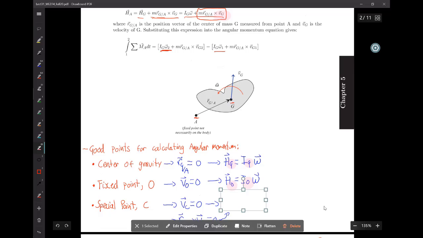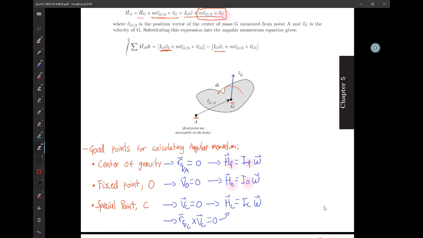I use C because typically with the no slip condition, we have a certain point that fulfills this. So essentially, it's like a fixed point, but it's not really a fixed point, right? Because we know that in our no slip condition, we don't really have a fixed point. Now, so these are the good choices.